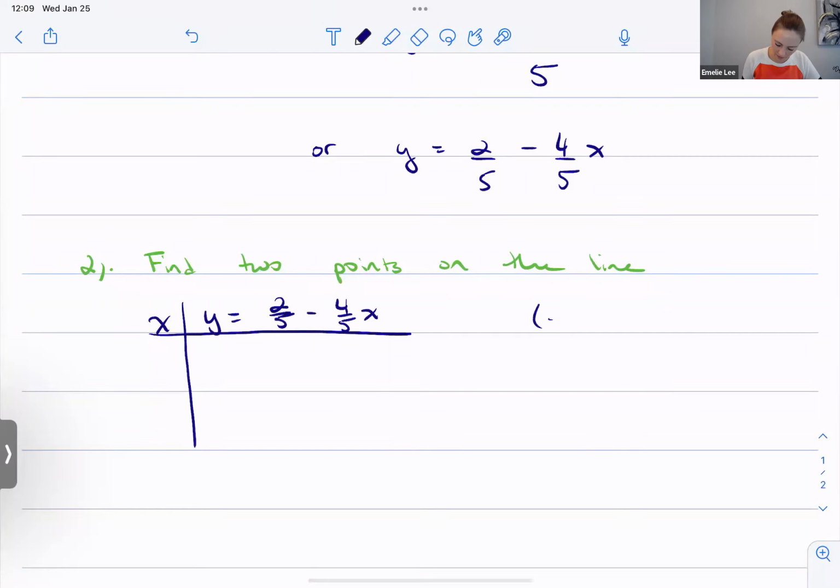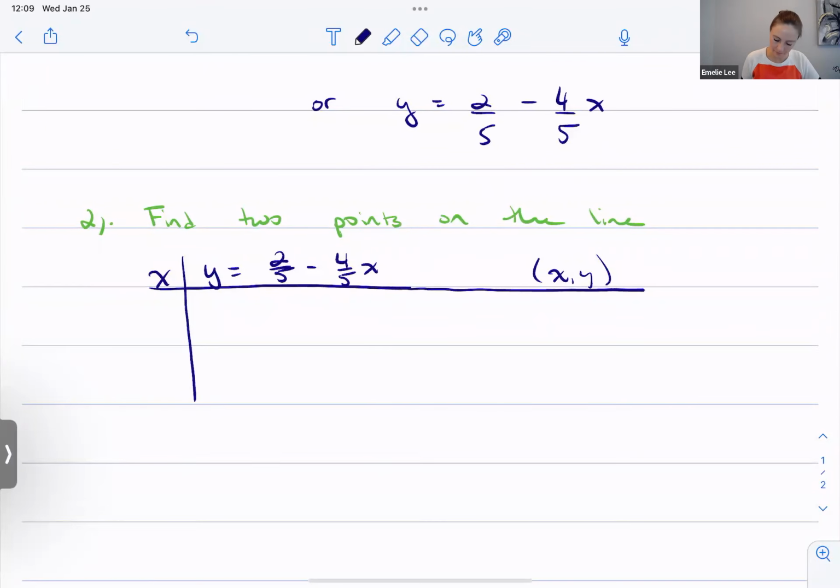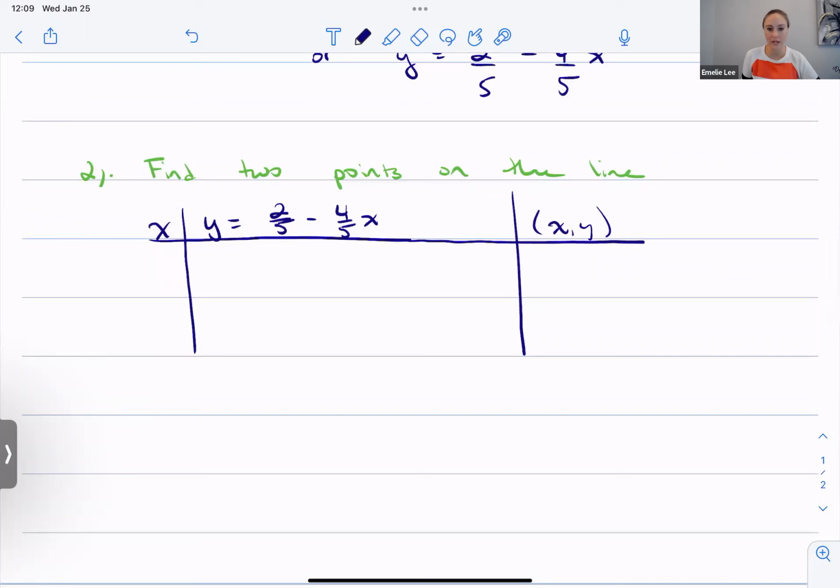And then the result is going to be some xy pair. Okay. And that's the point that's on the line that I draw on the graph.